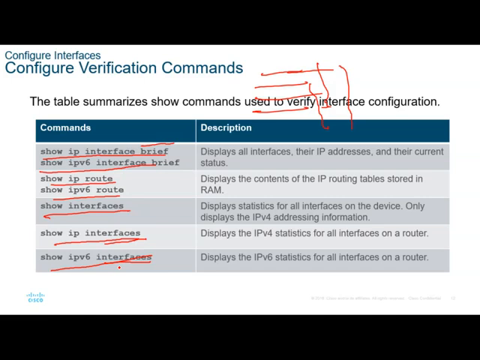This is not a graphical user interface where you click here and then you get information. No, we use the commands. And you need to note where to run these commands. The commands that begin with show, you have to be in privileged mode. The privileged mode, most of the time, looks like this: the router name, the host name, with a hash, as you can see.